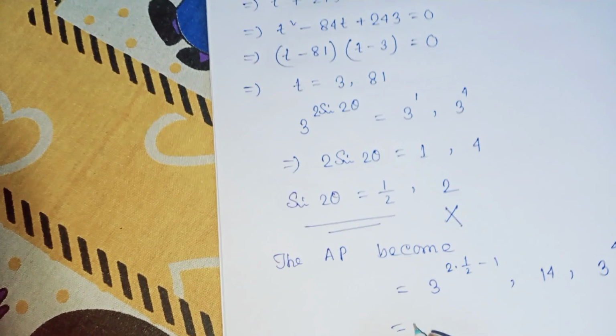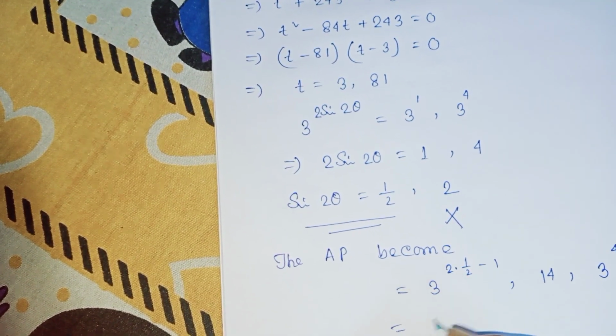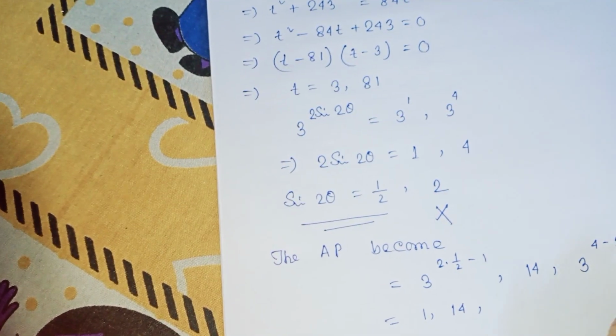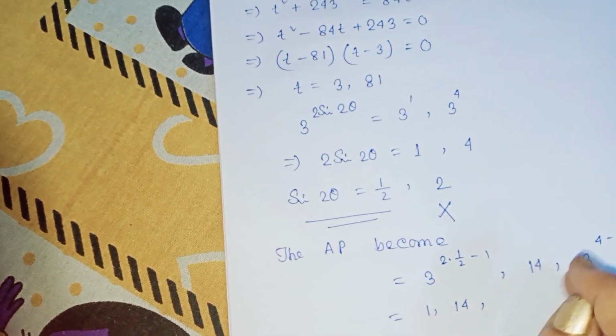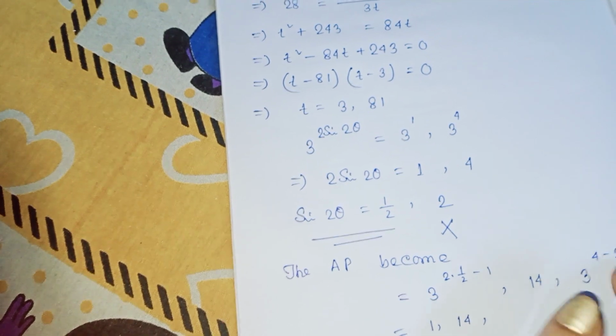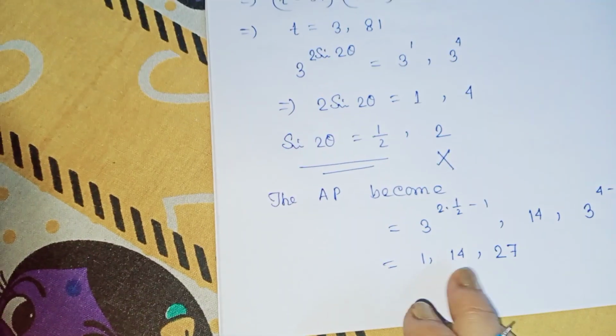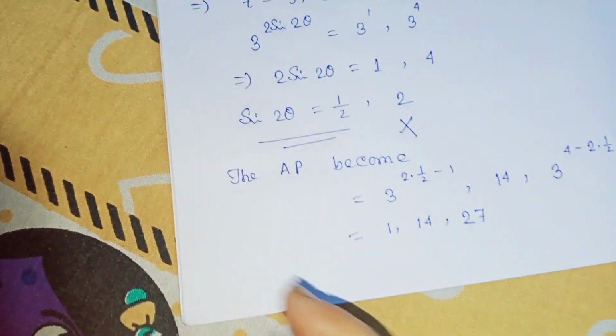It is 3^0, and 3^0 is equal to 1. Then 14, and 3^4 minus 3, that is 27.